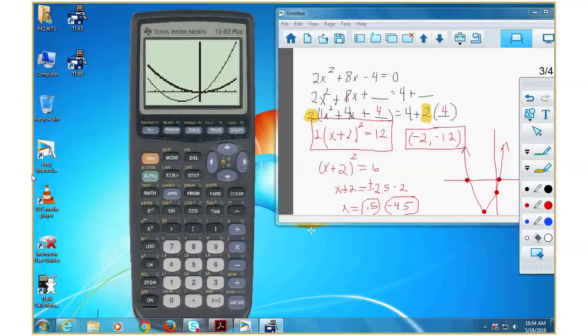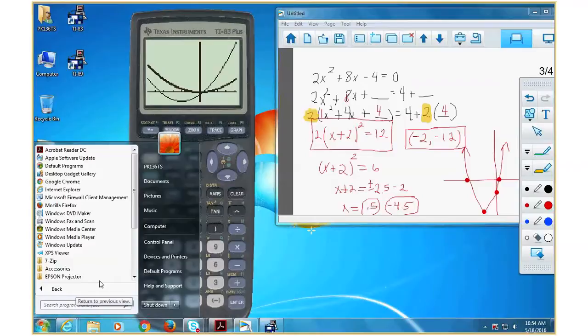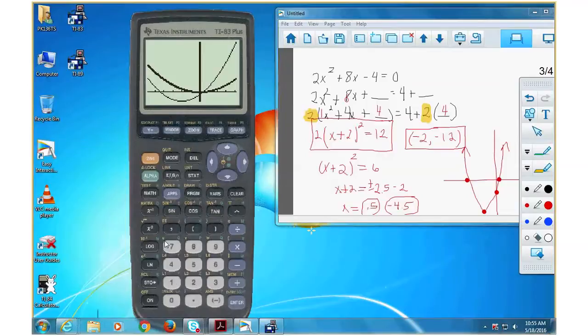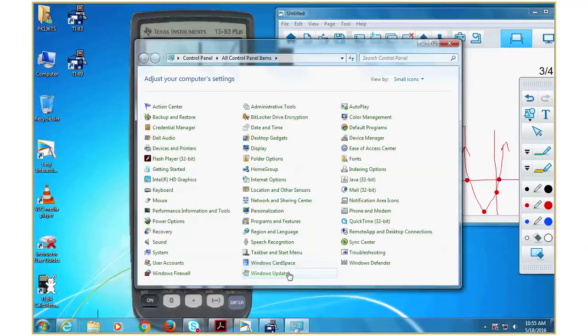All right. Let's see if this works. If it works, then you're not going to fail the class. You might make a D, but you're not going to fail. Where is it? There it is. Control panel. What am I looking for? Control Alt Delete. Oh, Control Alt Delete. I'm sorry. There we go.